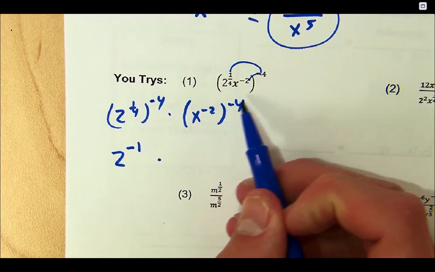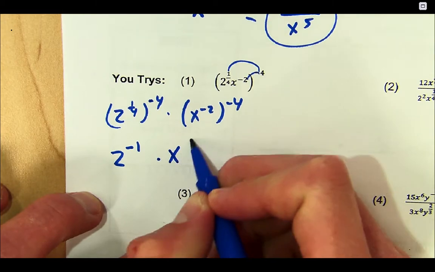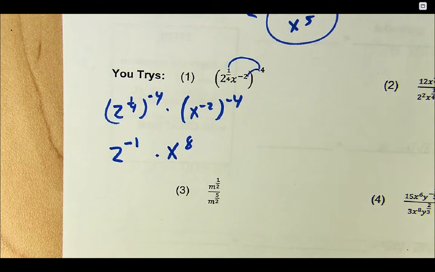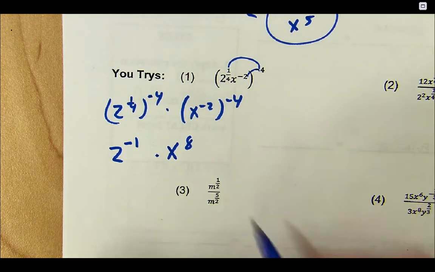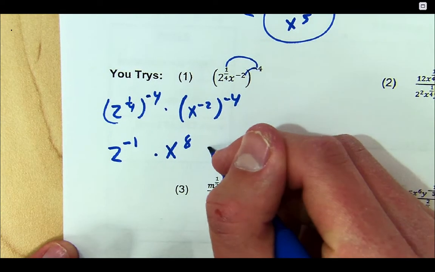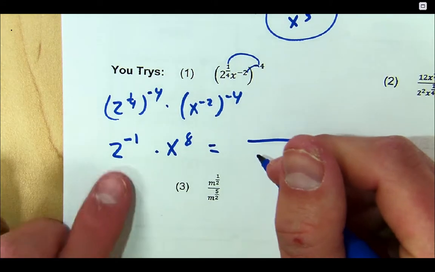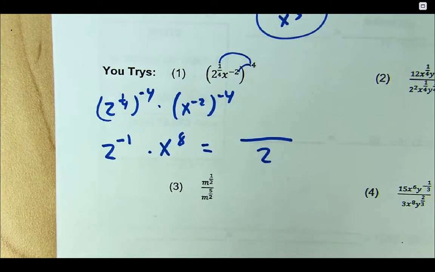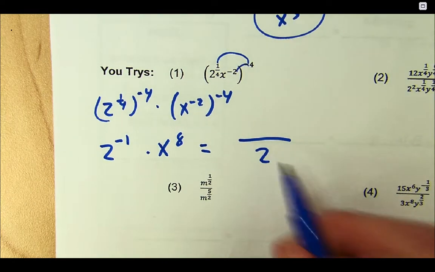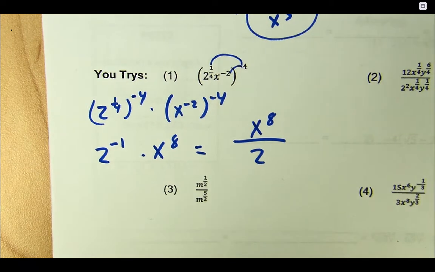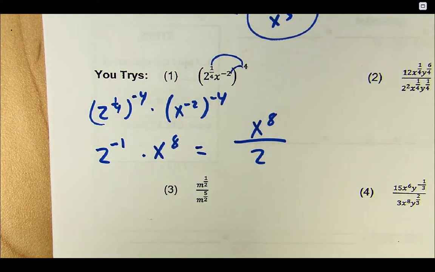Negative 2 times negative 4 is positive 8. A negative times a negative is positive. And we're almost finished here, but we have this negative exponent. So what we actually need to do is we need to make sure that this 2 to the negative 1 becomes 2 to the positive 1 in the denominator. And 2 to the positive 1 is just 2. And then since x to the 8th is normal, x to the 8th would just stay. So this simplifies into x to the 8th all over 2.